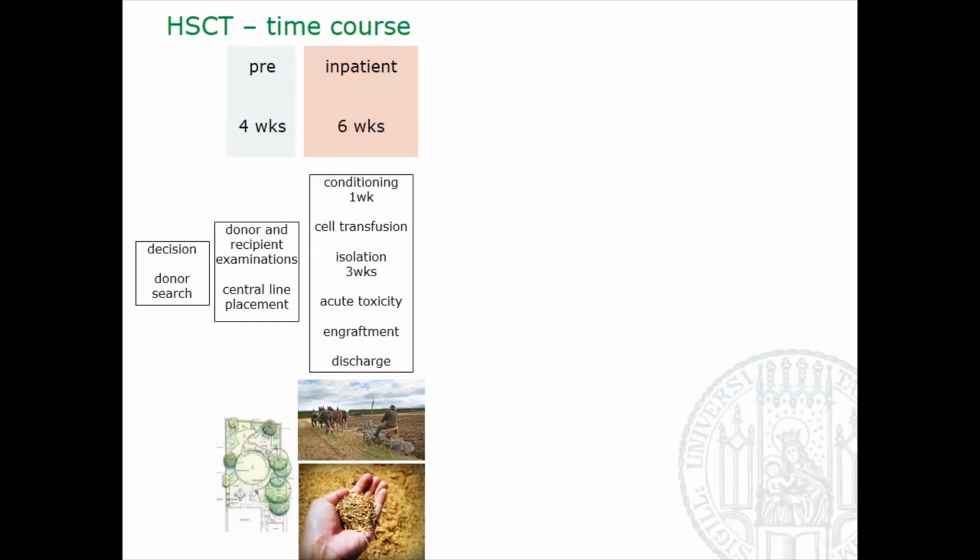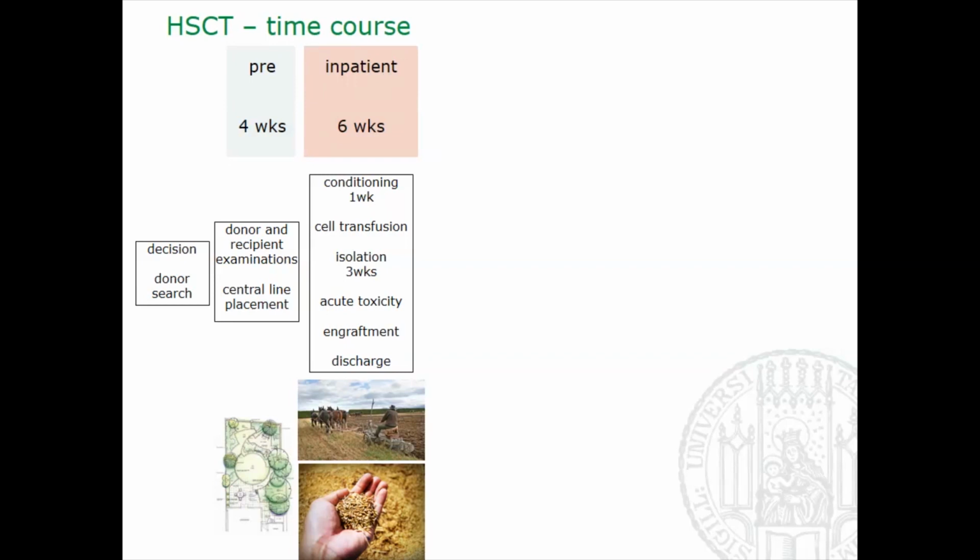There is no firm recommendation for either. And these 3 weeks would also be the time where the patient would experience the most acute toxicity, but then it will be followed by what we call engraftment, meaning that the stem cells of the donor have engrafted and there's the first sign of new blood cells in the blood.